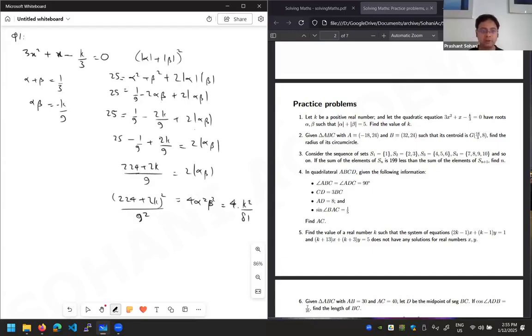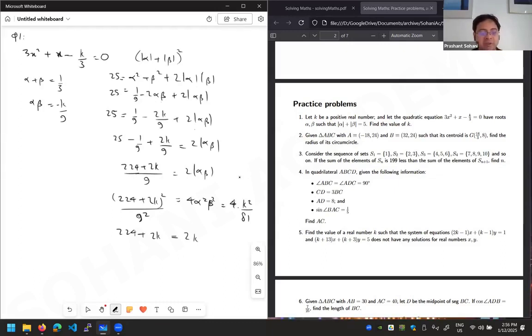Now if you see the denominator is equal, so the numerator is equal. And I can take the square root of both sides because again k is going to be positive. Did I make some mistake? I'm getting 224 equal to 0.